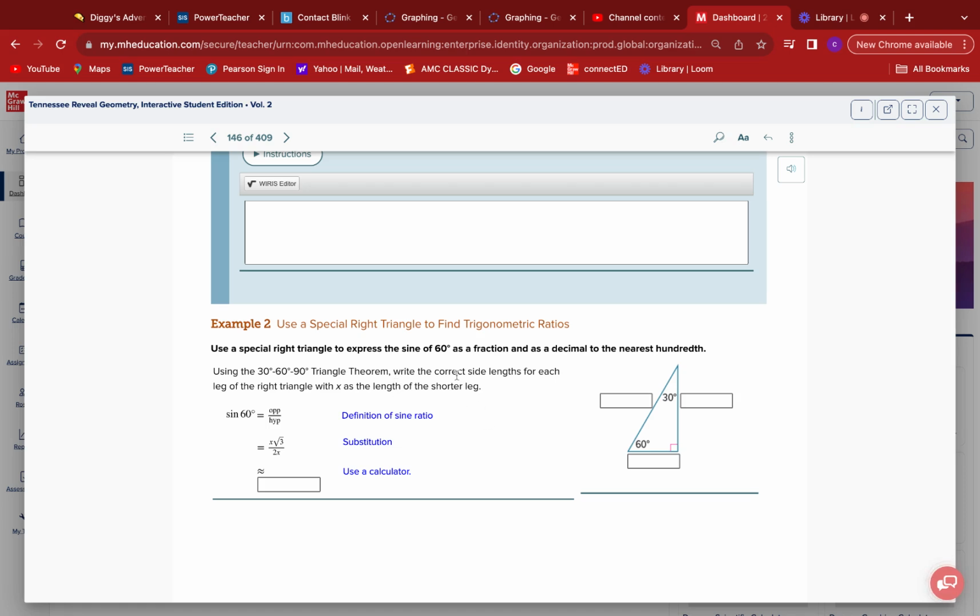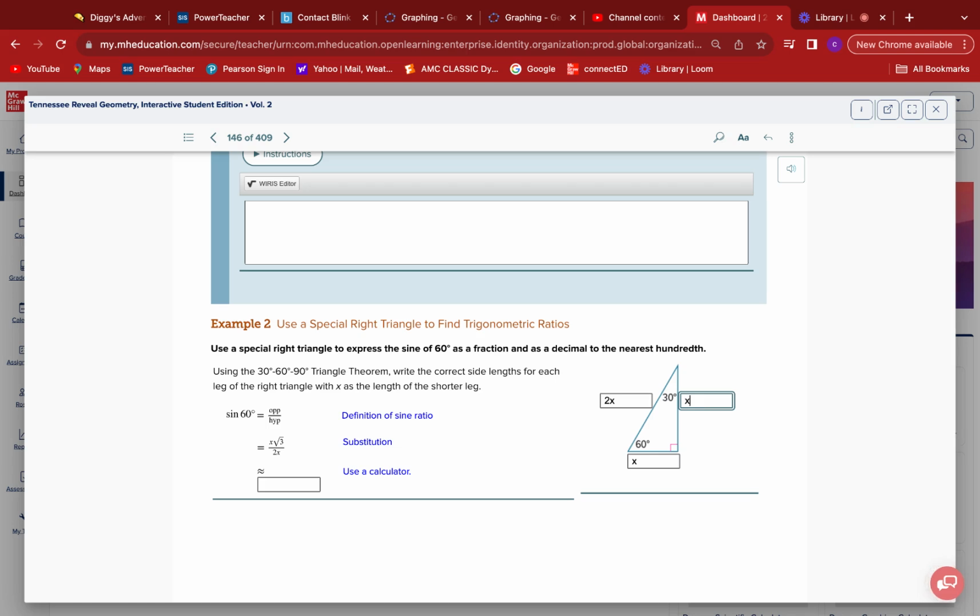All right, so it says, write the correct side lengths for each leg of the right triangle with x being the length of the shorter leg. Well, your short leg is always across from the 30. The opposite to the 30 is your short side. That's going to be our x. Hypotenuse is always twice the measure of that, so it's going to be 2x. And the longer side, the one that's across from the 60-degree angle, is going to be x with the square root of 3.